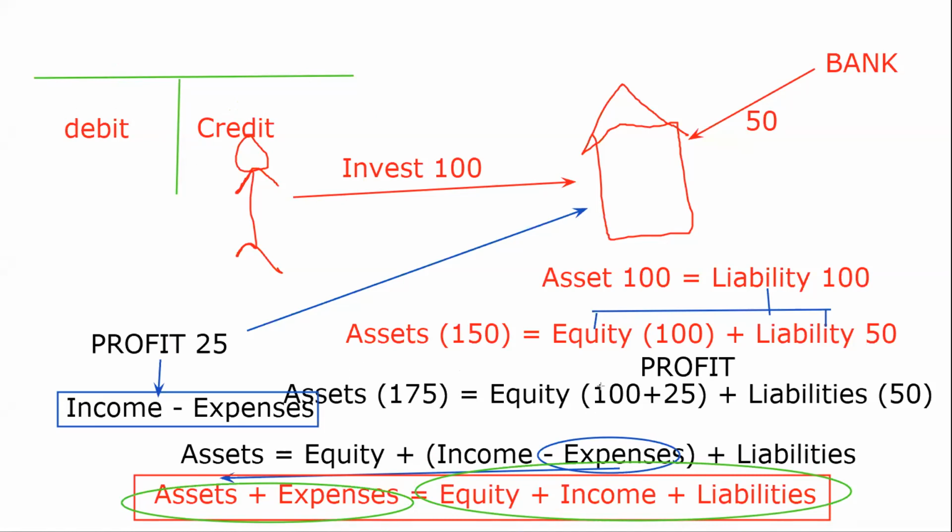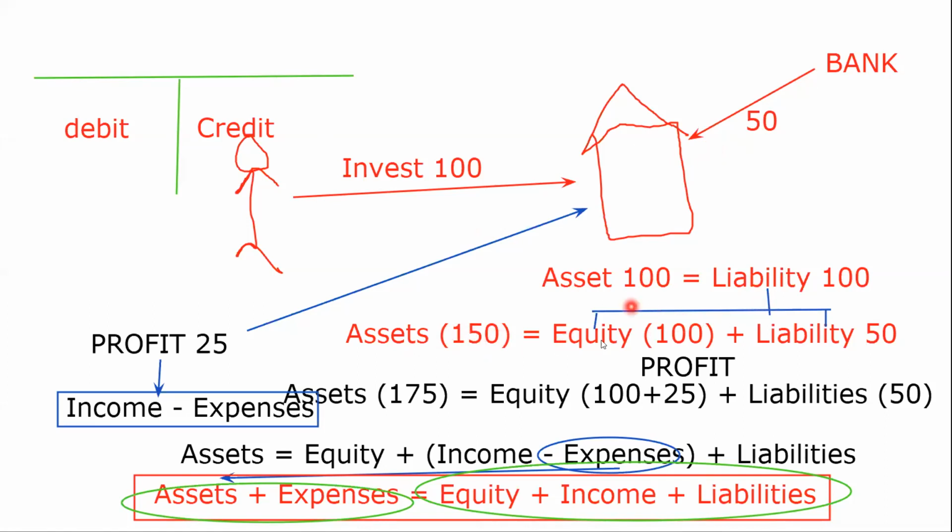So I hope it is clear. We started with the owner investing money in the business, 100,000. And we are taking a bank loan. In the total asset, total cash is 150.